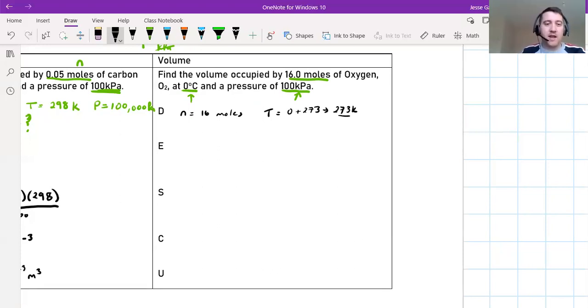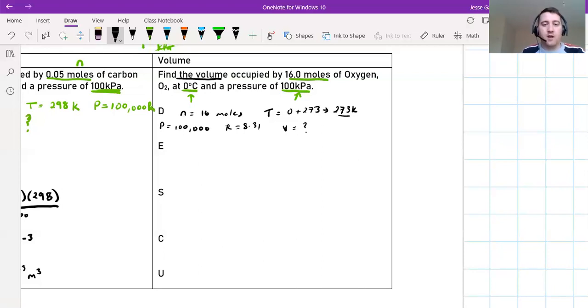Now I'm going to cheat and take that from the last one. That is P equals 100,000. We've already done that once, not much more point in doing it again. We also know R is always 8.31, and V is what we're trying to find again, because it says, find the volume.